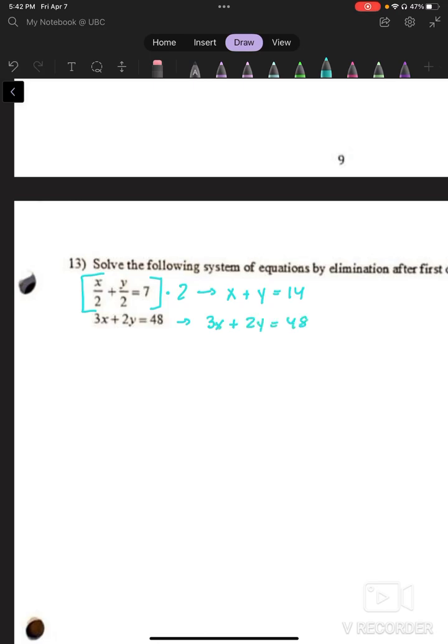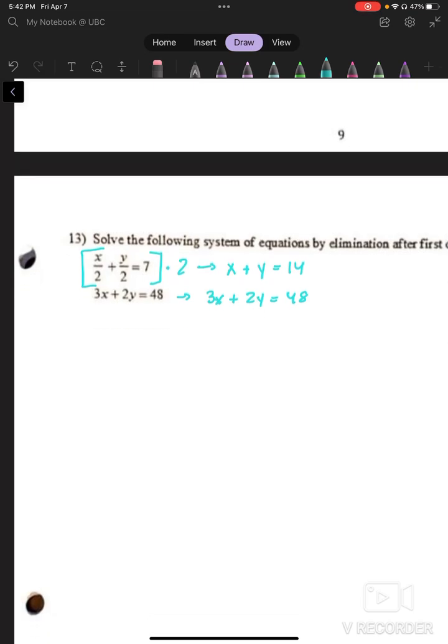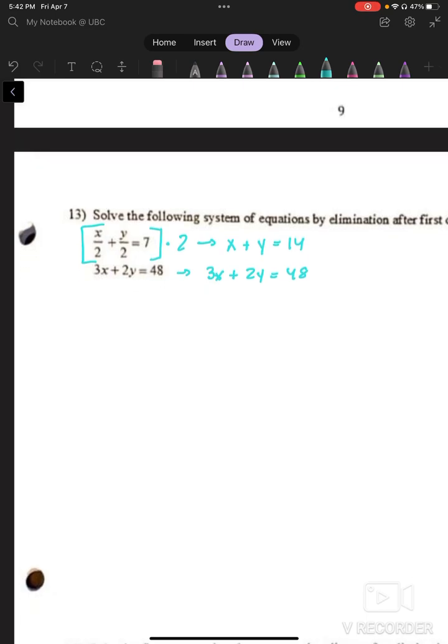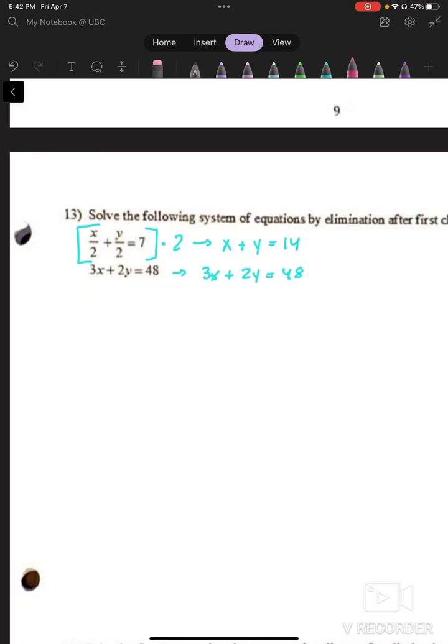So here you can see that you don't have two terms that are the same but opposite, which means that you would have to rearrange the equations yourself to do that. So you can decide what you want to get. You can either get a negative 2y so that you can cancel this 2y over here, or you can get a negative 3x and eliminate this 3x over here.